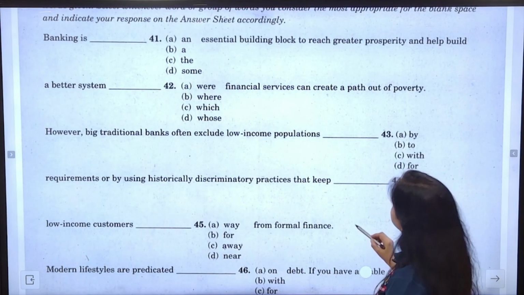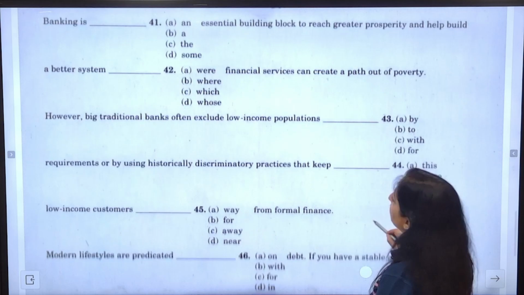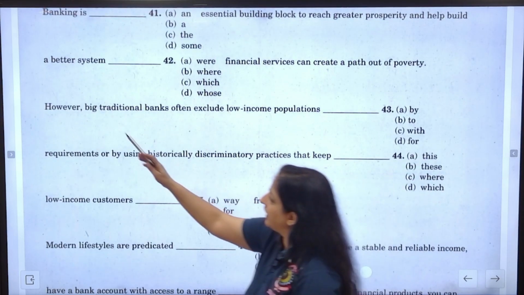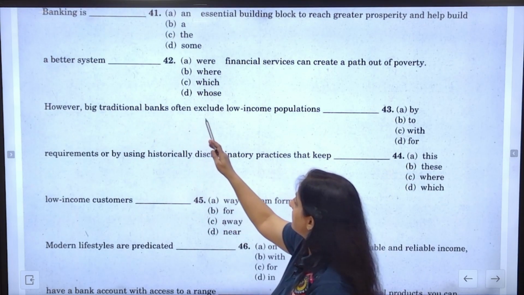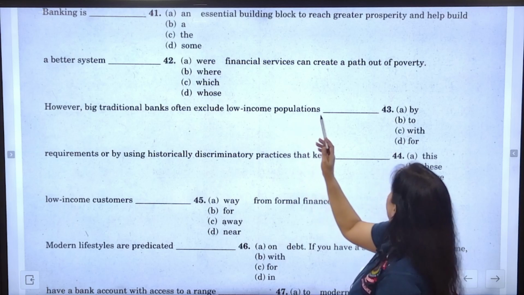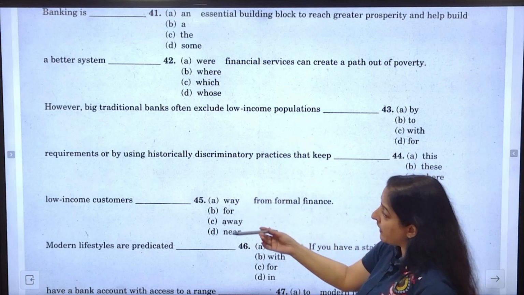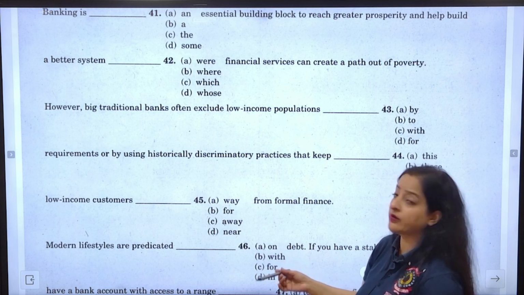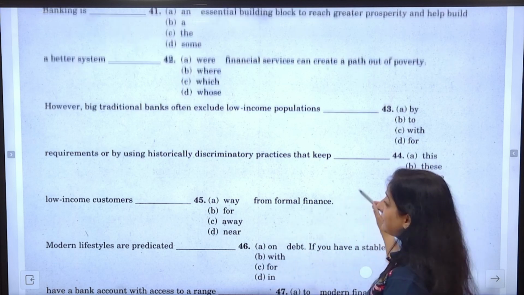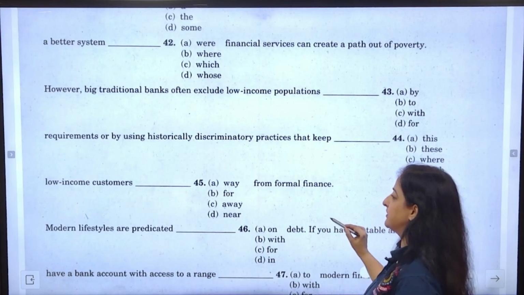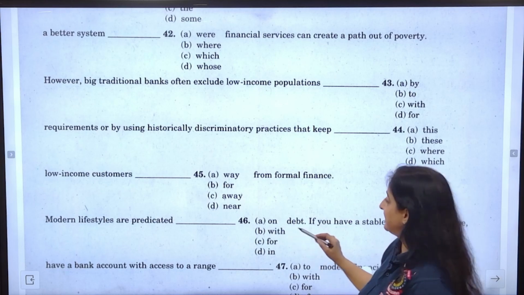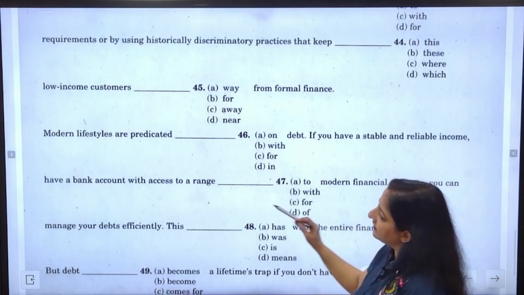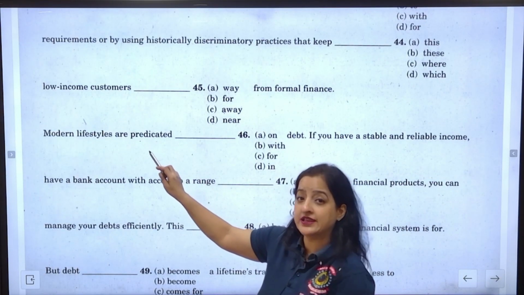Financial services can create a path out of poverty. However, big traditional banks often exclude low-income populations requirements or by using historically discriminatory practices that keep low-income customers from formal finance. Modern lifestyles are predicated.